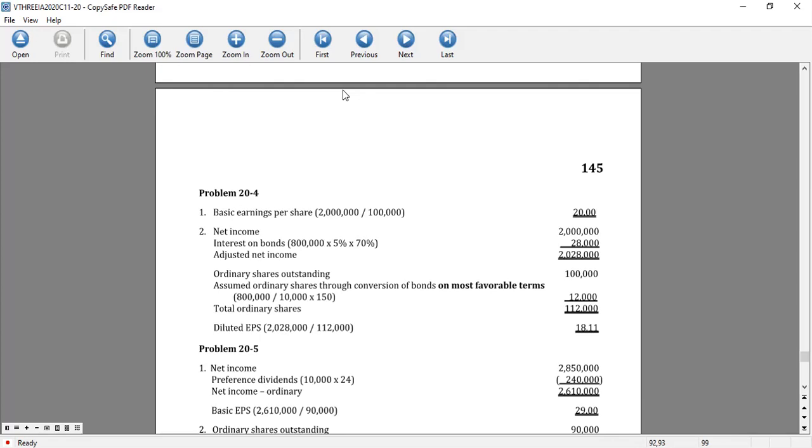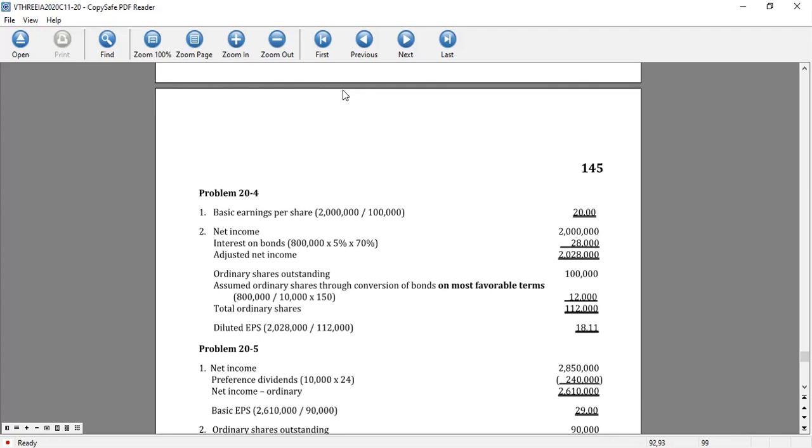2,850,000. That's for 2020 net income. Then the preference dividends 10,000 multiplied by 24. We have the convertible preference share capital in the amount, or in total of 10,000 shares.